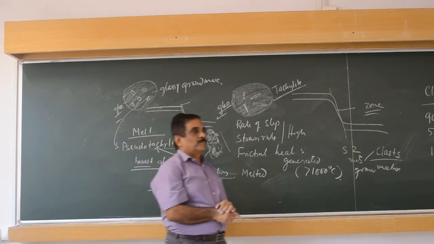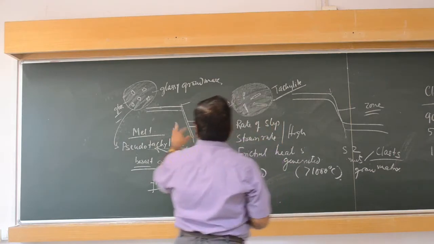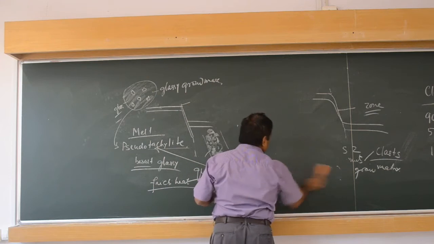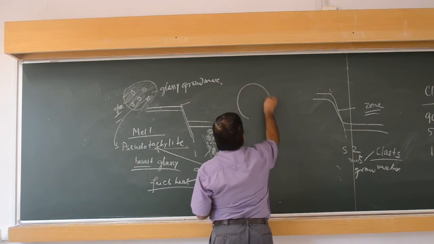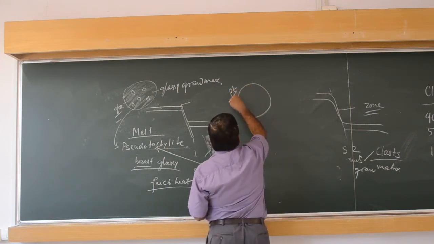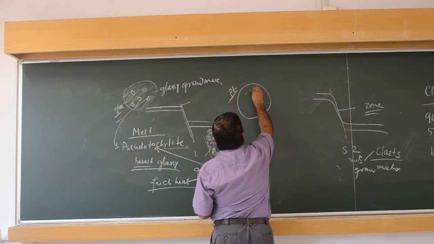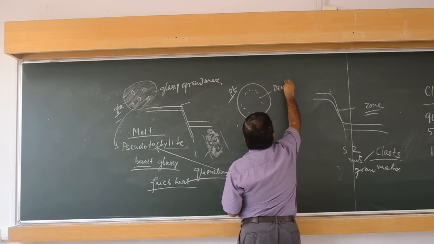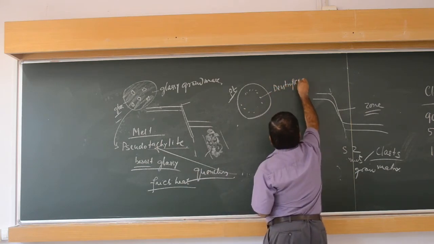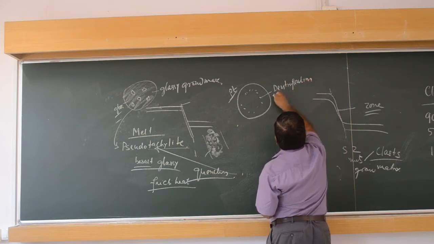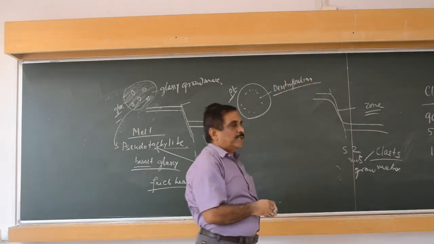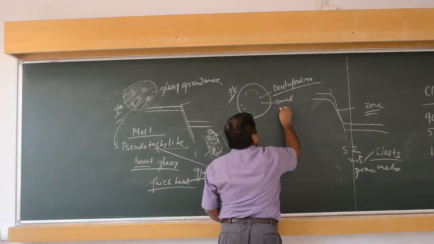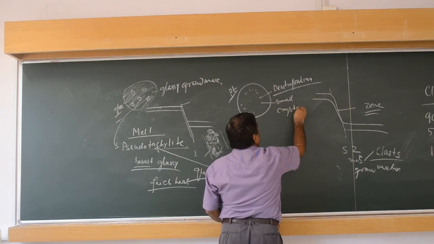In due course of time, this glass is devitrified. If you have a pseudotachylite, because of devitrification, which is crystallization, small crystals develop in the glass.